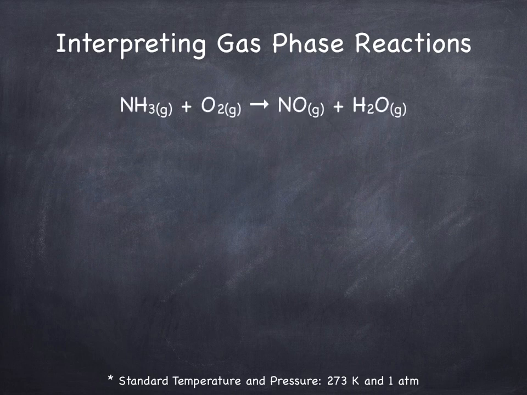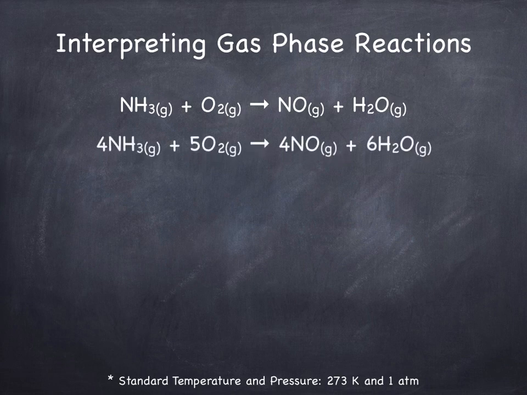And again, you should take some time to try and balance this equation. I've already written out the skeleton equation for you, so you should pause the video and balance it. Okay, so 4, 5, 4, 6 is your balance for this equation. And what we see if we look at the moles of gas on each side is that we start with 9 moles and we end with 10 moles.